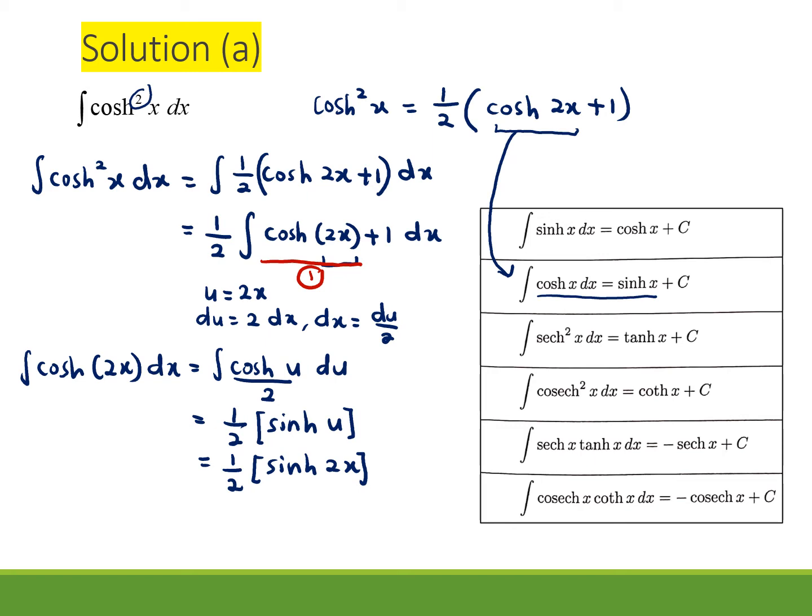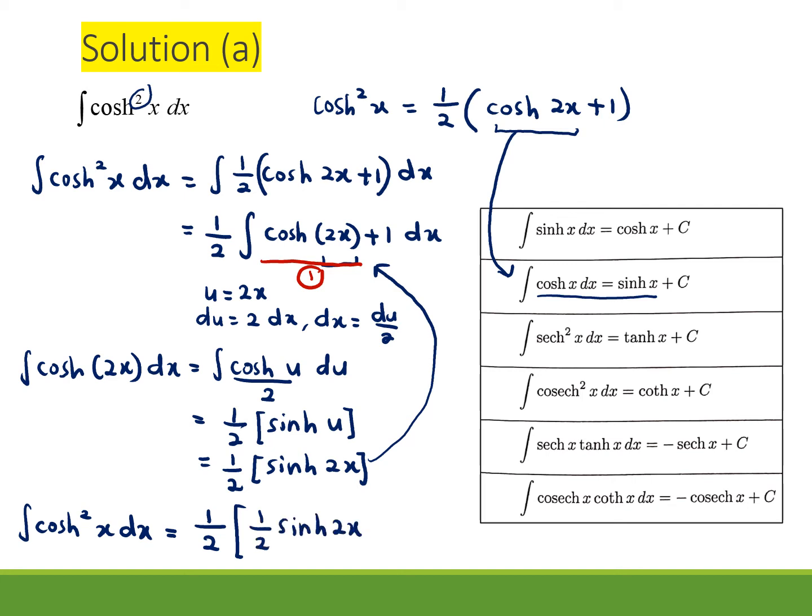Okay, we substitute this back into the first integration. We get the integration of cos hyperbolic square x dx is equal to 1 over 2 times the integration of cos hyperbolic 2x dx, which is 1 over 2 sine hyperbolic of 2x, and then another one is the integration of 1 dx, which is plus x.